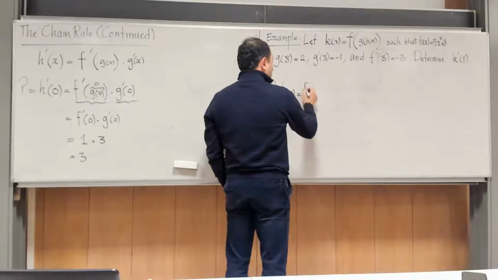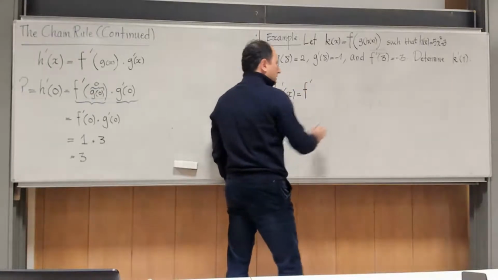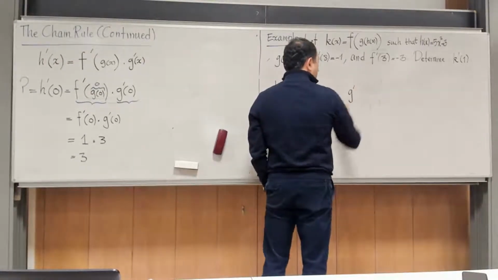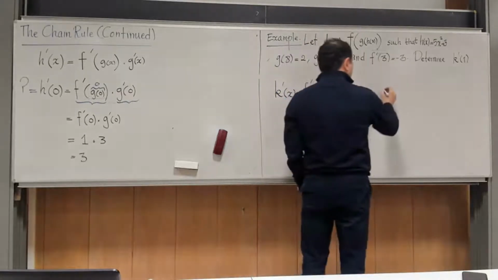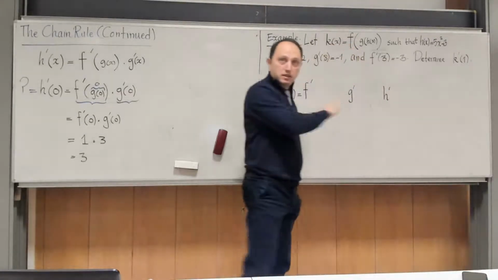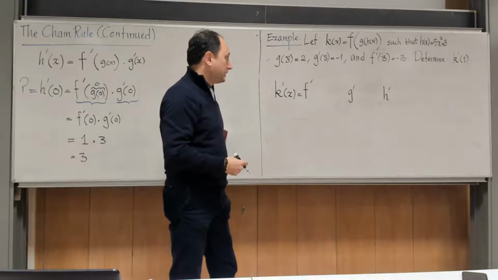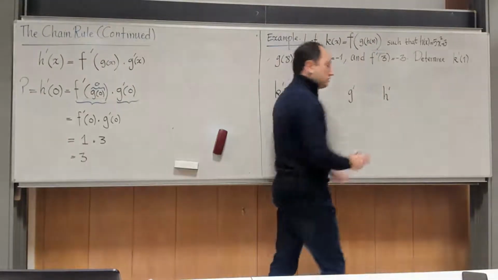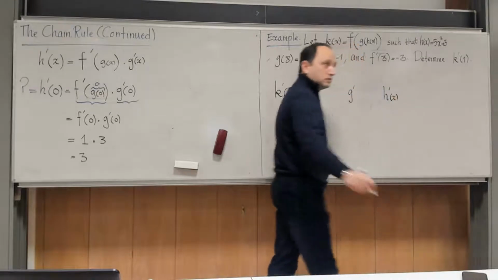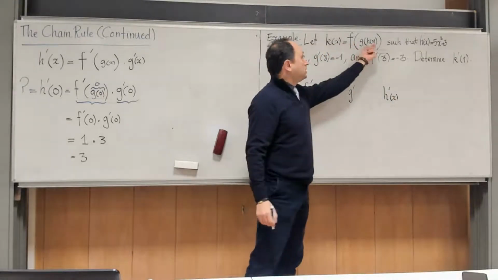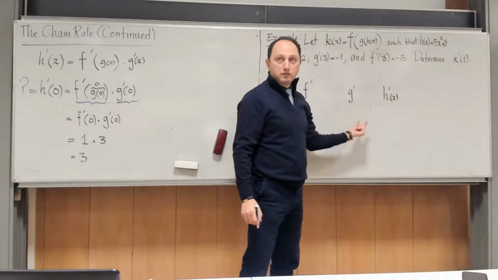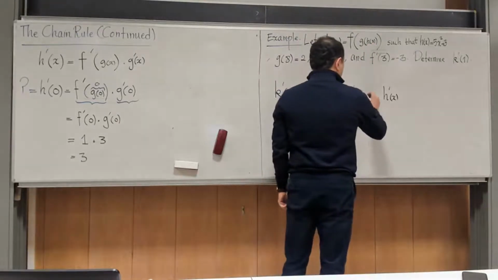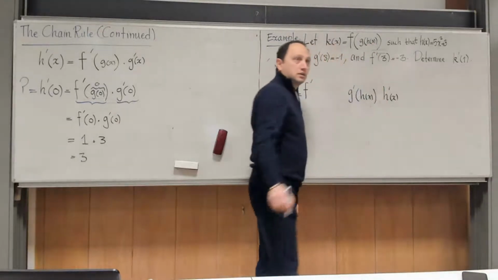So I will take the derivative of the first one, the derivative of the second one, and the derivative of the third. I'm just giving you the rule of thumb. For the last one, what is inside it is just x, so you just put x. For the second one, what is inside it? It is h of x, so you have to put h of x.